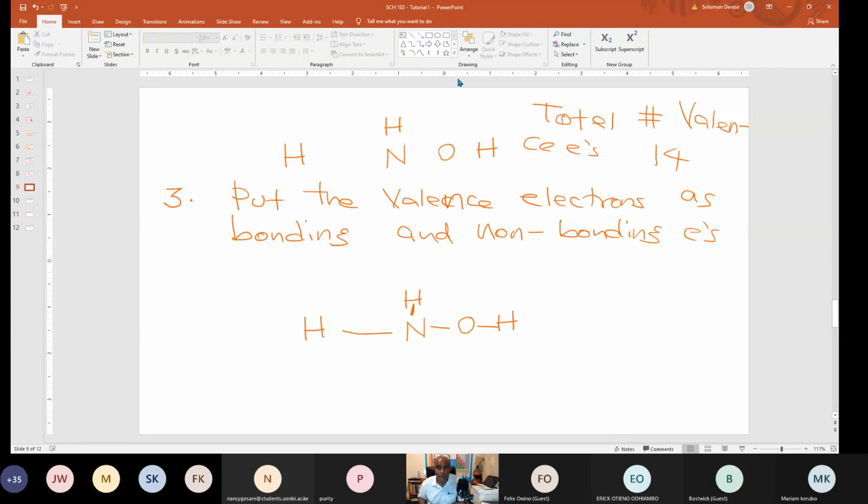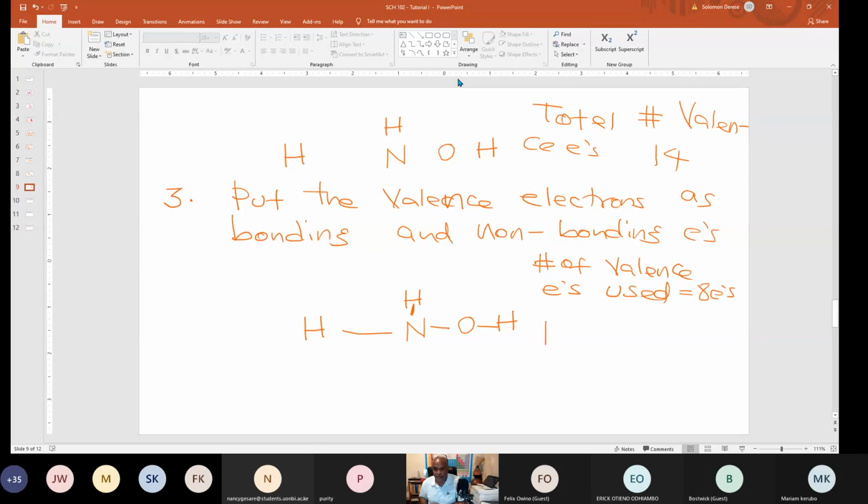Okay, so now the number of valence electrons used. We have formed 4 bonds. Because of these 4 bonds, we have used 8 electrons. Total number of valence electrons used is 8.